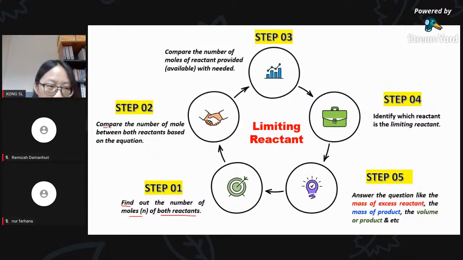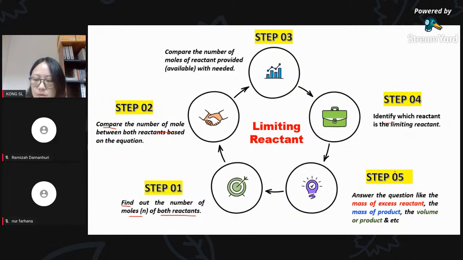After that, must compare the mole between the reactant based on the equation. Okay, after compare the number of mole, okay, you have to check the available needed, whether it's enough or not, or more than that or not. Okay, you check lah. Normally you use less than or more than the keywords. Then only identify.